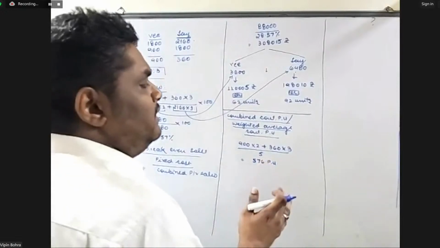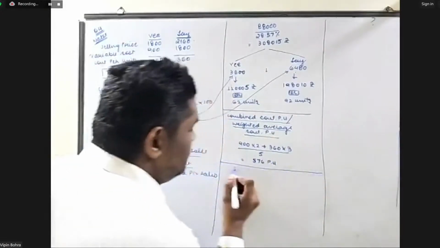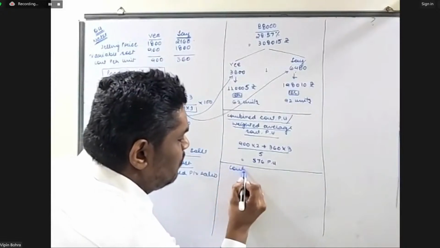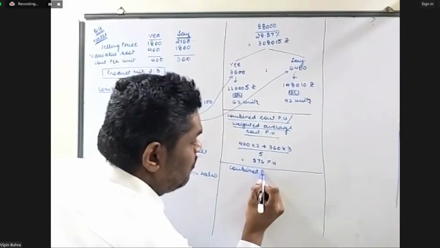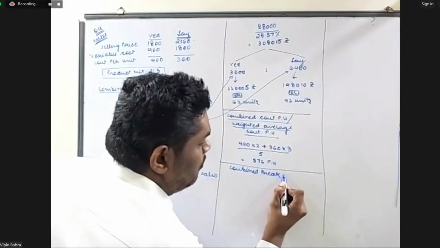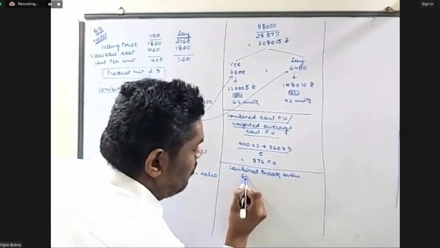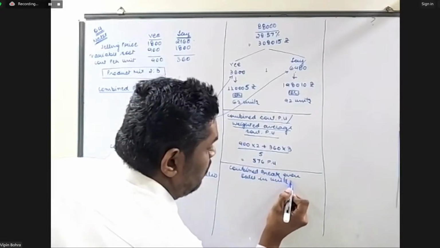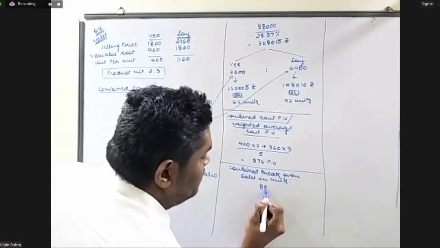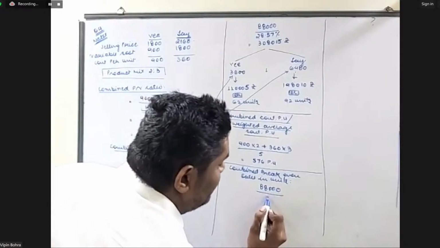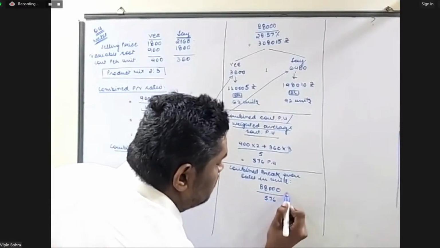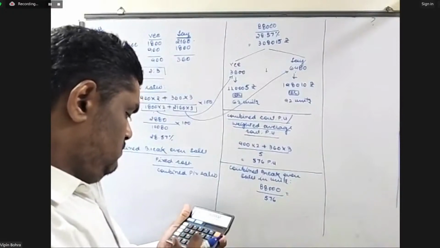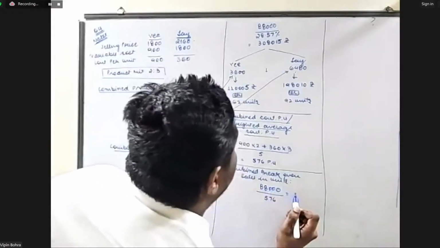So now we'll calculate the break-even sales in units. 88,000 divided by 576, so 153.